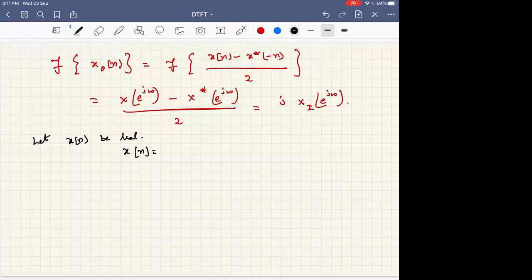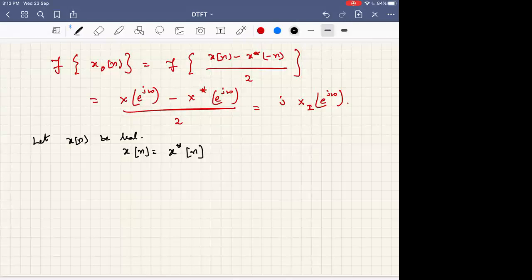No answer? It does not have an imaginary part. It is purely real. If you want to write it, x conjugate of n, it is purely real. So to be real means x of n equal to x star of n.